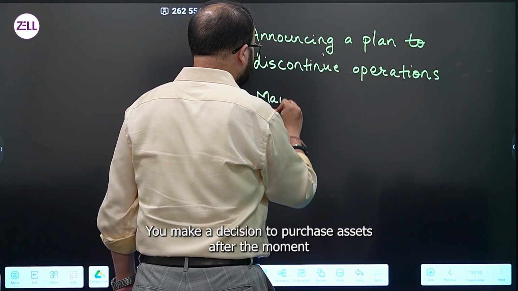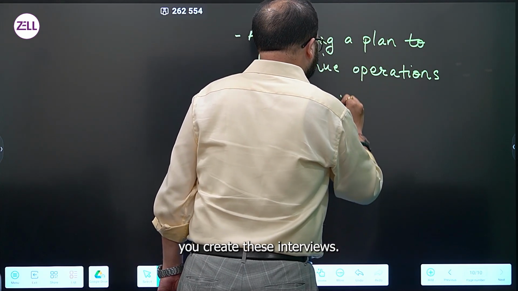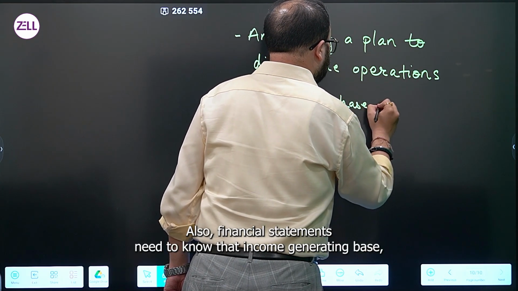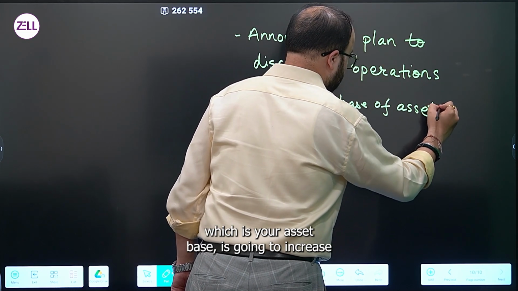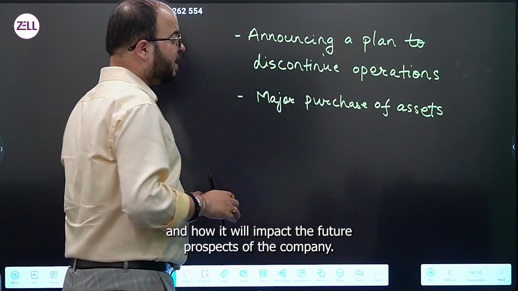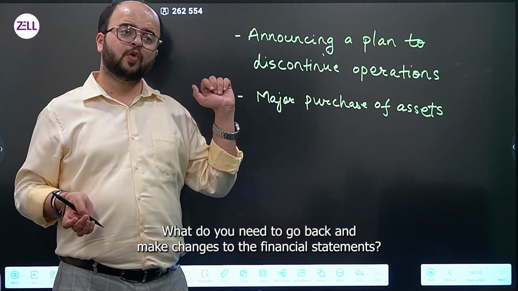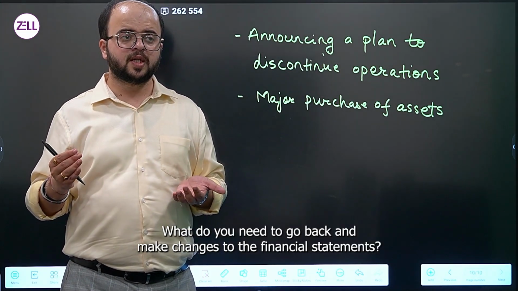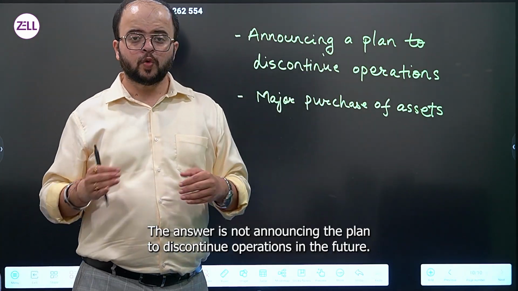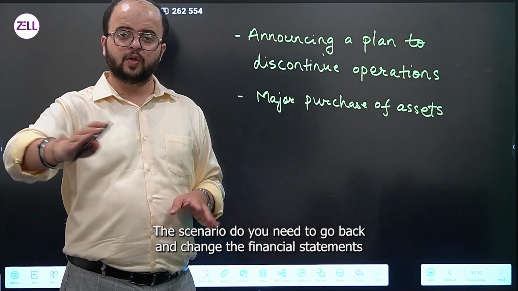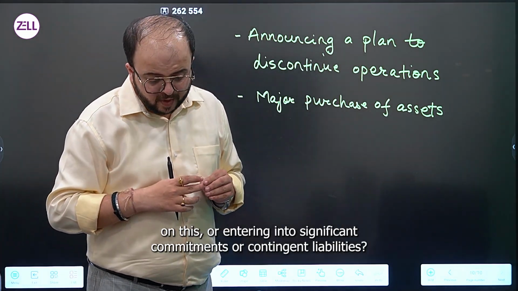You make a decision to purchase assets after the balance sheet date. See, the users of financial statements need to know that the income generating base, which is your asset base, is going to increase and how it will impact the future prospects of the company. But do you need to go back and make changes to the financial statements? The answer is no. Announcing a plan to discontinue operations is a futuristic scenario. Do you need to go back and change the financial statements? The answer is no.